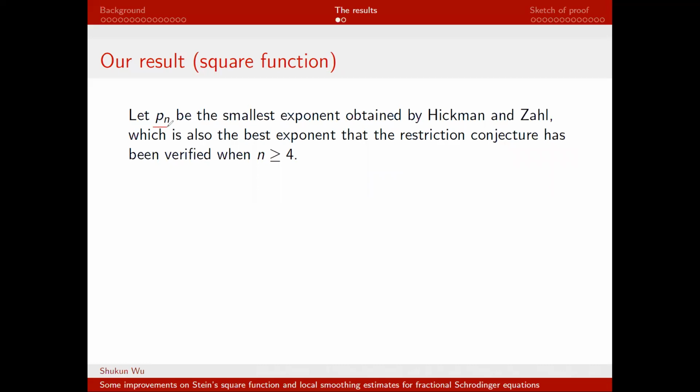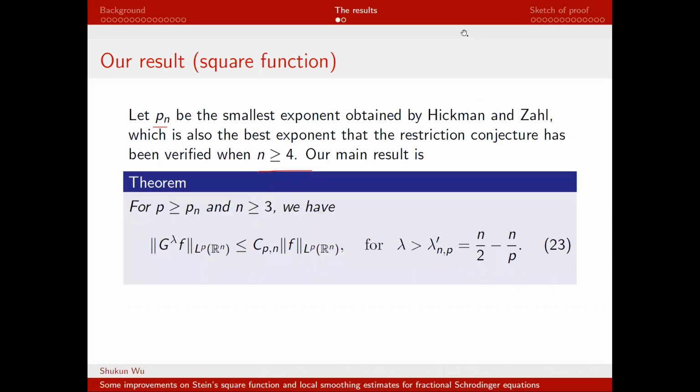If we denote by Pn the smallest exponent obtained by Hickman and Zhao in their most recent restriction paper, and this Pn is also the best exponent for which restriction has been verified in higher dimensions, then our main result is that for any p greater than Pn, we verify the L^p estimate for Stein's square function at the sharp range of the regularity factor lambda.